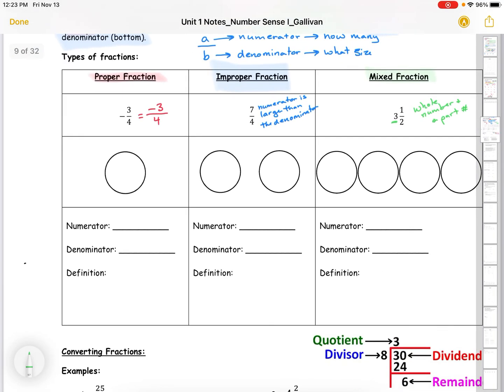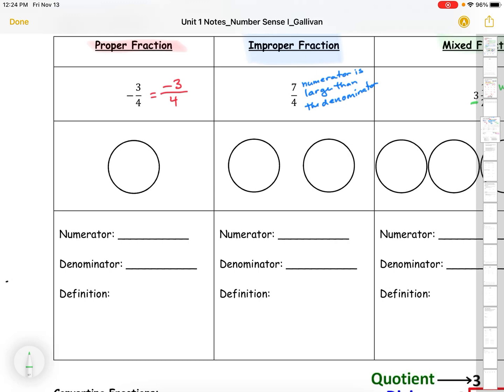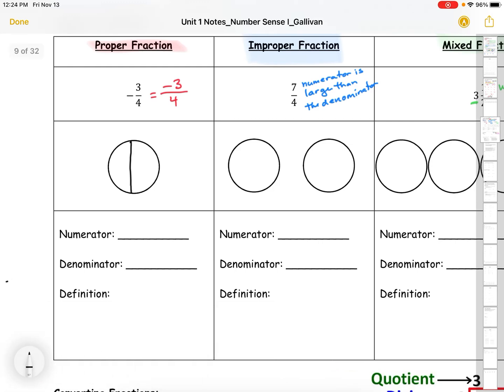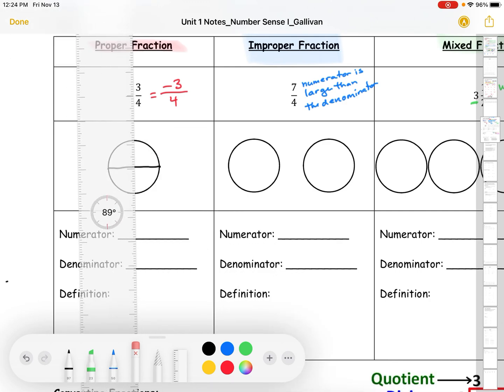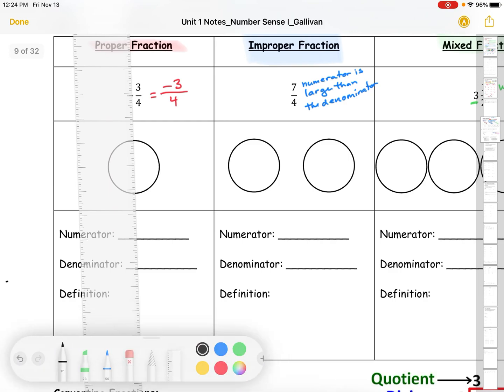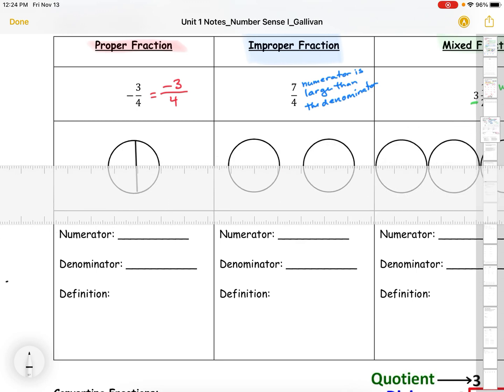So let's take a look at what this might look like if we're thinking about a whole. For the negative 3/4, that means that this is cut into 4 pieces. I'm going to make it a little more even. I can use my ruler for that. Well, that didn't help me at all.